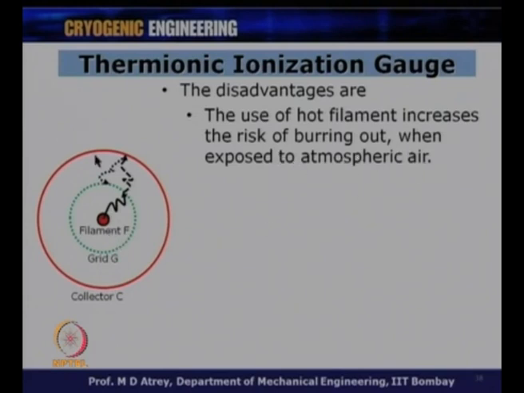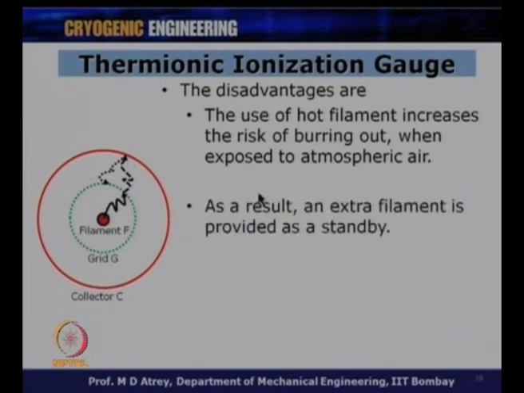Once the filament is gone, you cannot use this particular gauge, you have to replace this filament. Many times this gauge will come with an extra filament also, but this is a very costly element, and therefore working with these gauges should be done very carefully. As a result, an extra filament is provided as a standby, but then it costs. So, the thermionic ionization gauge always has these problems.